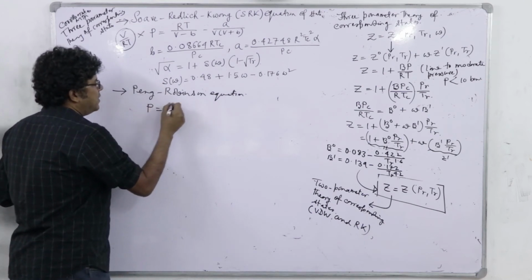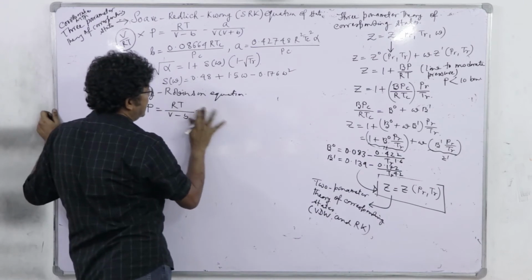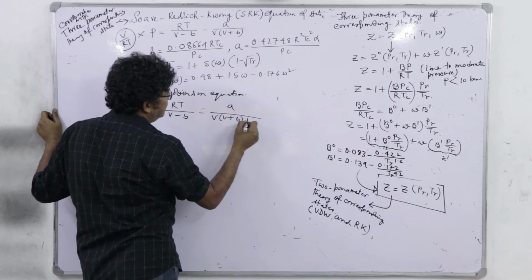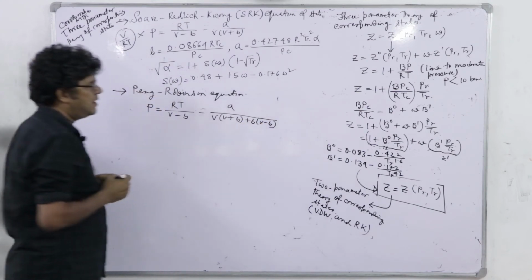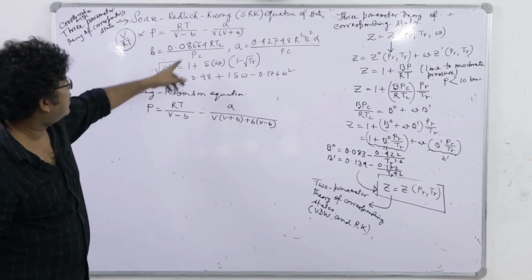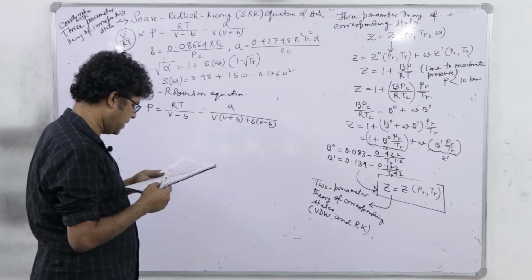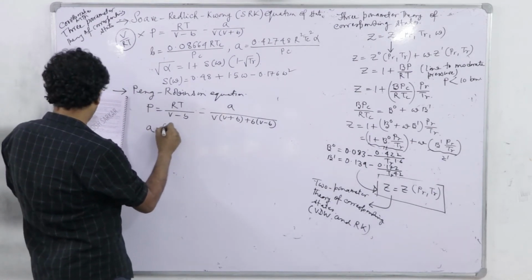So, which is P is equal to RT divided by V minus B, minus A divided by V into V plus B into V minus B. Right. And again A is a function of PC, TC and omega. Definitely the coefficient values will change now.